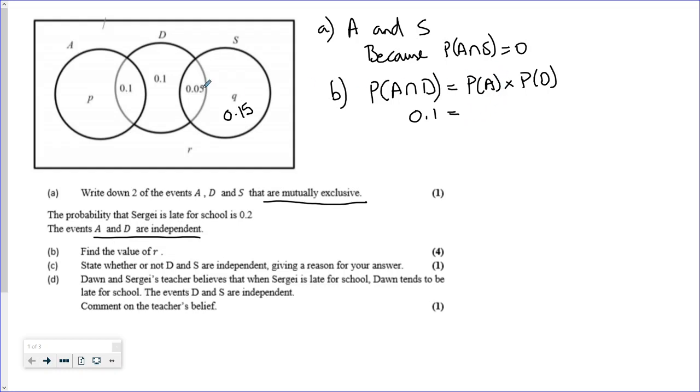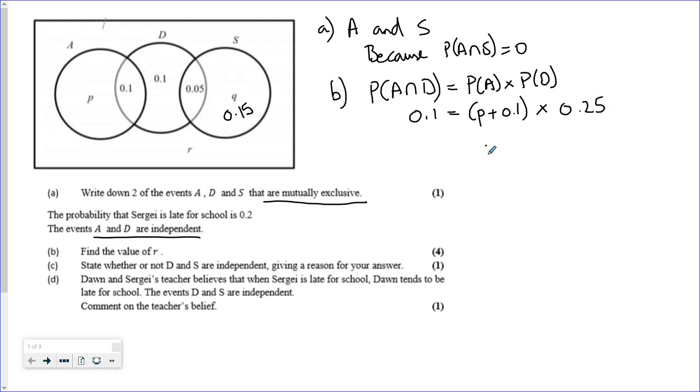The probability of A happening is the sum of all the probabilities within the A circle. So we've got that probability P plus 0.1. And we're going to multiply that by the probability of D happening, probability of Dawn being late. And the probability of Dawn being late is all three of these probabilities added up. So that's 0.25.